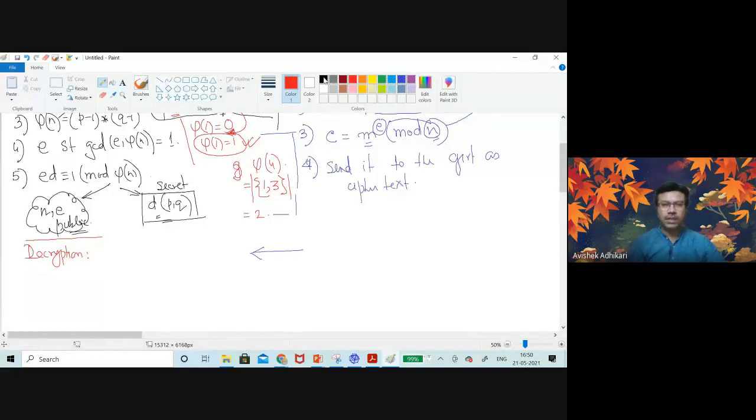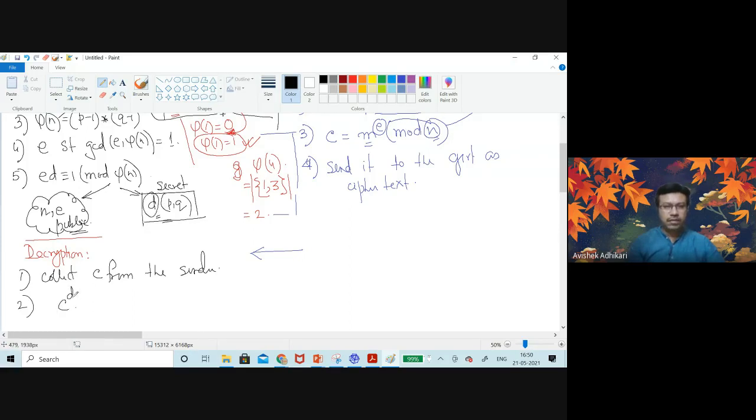How can that be done? The first thing will be to collect C from the sender. Then she has with her the value D. So what is she going to do?